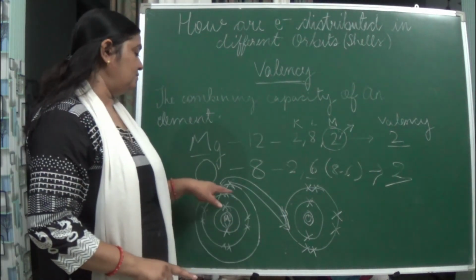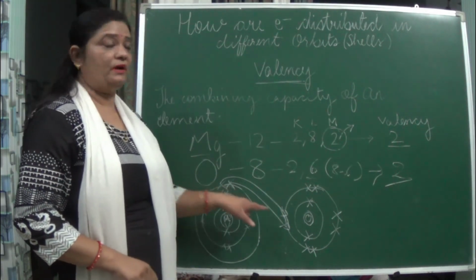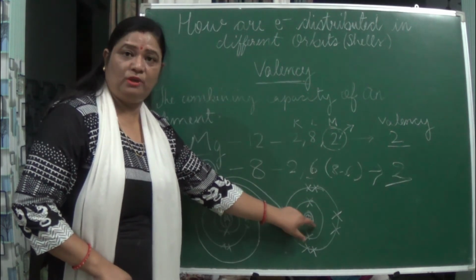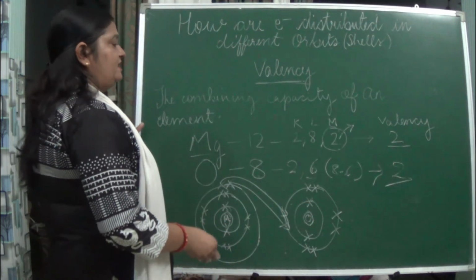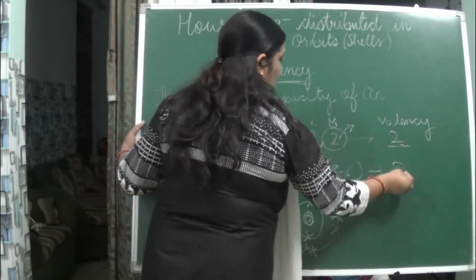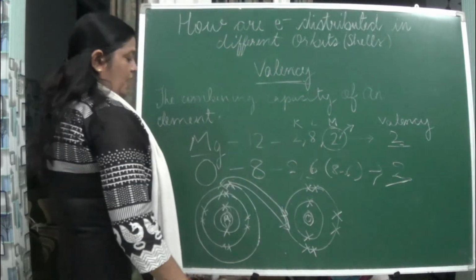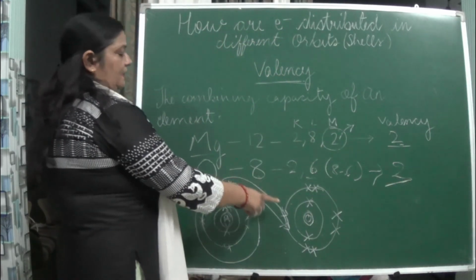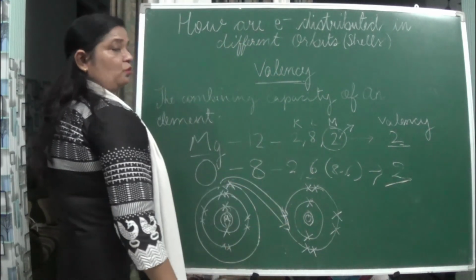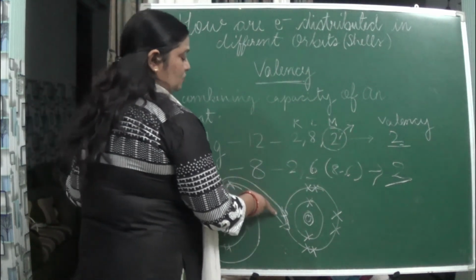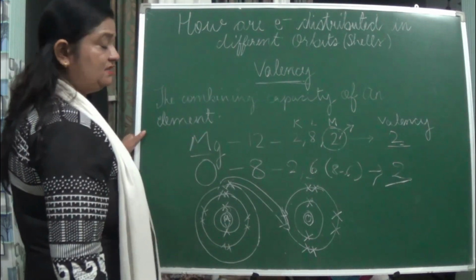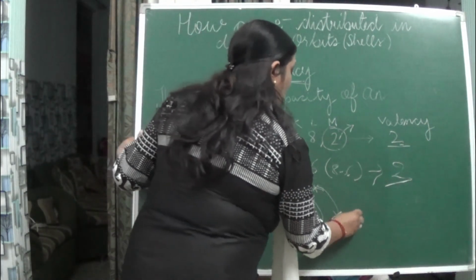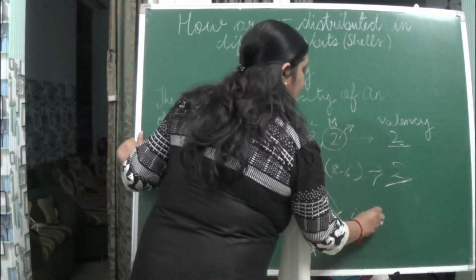Here 2 electrons are participating, and this is taking the 2 electrons. So the valency of magnesium becomes 2 and oxygen is also 2. Naturally, magnesium is giving electrons to oxygen. Transfer of electrons is taking place, so we call this an ionic bond.